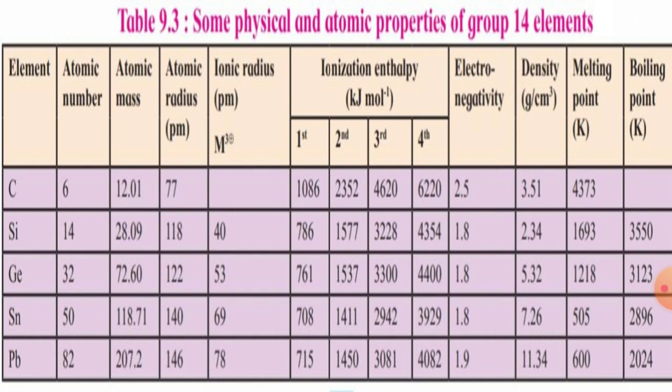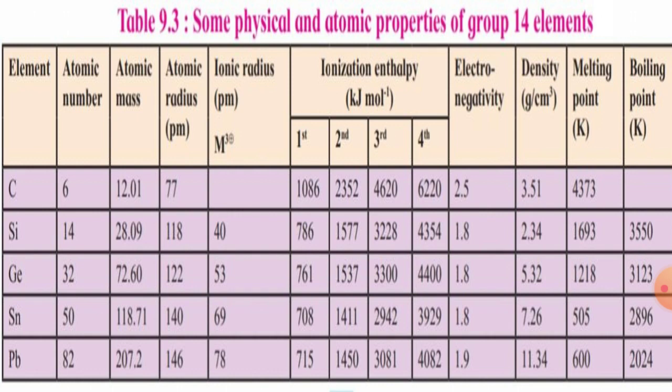Then we are moving towards ionic radii. Here the value is given for M3+, which means when the atom gives up electrons. The value for carbon has not been given. Why? Because carbon is a non-metal and doesn't give up electrons. So here ionic radii for M3+ has been given. What do you mean by ionic radii?